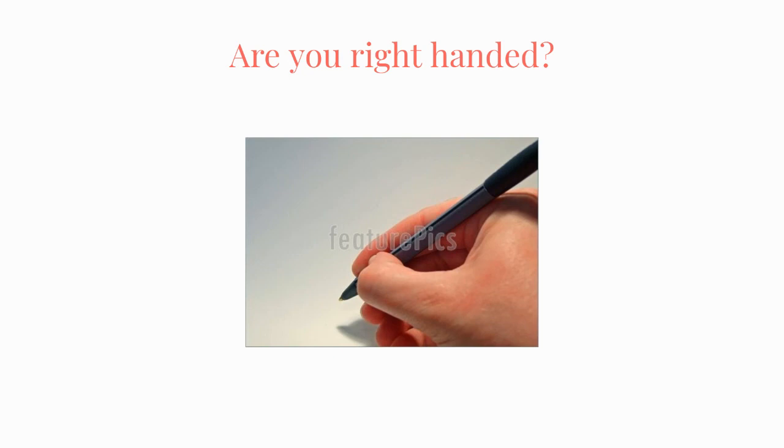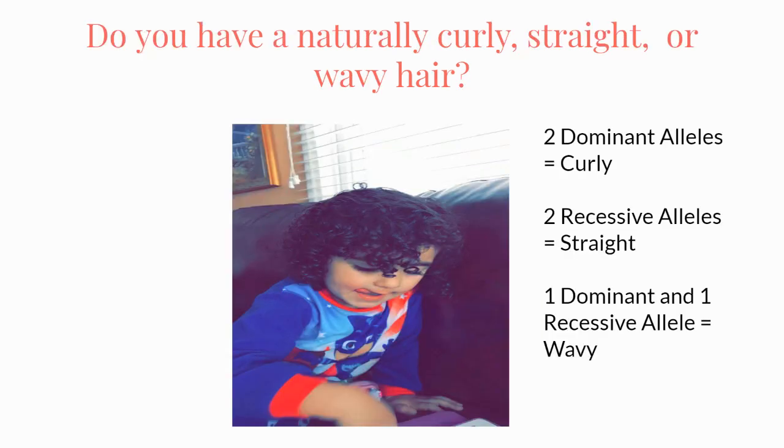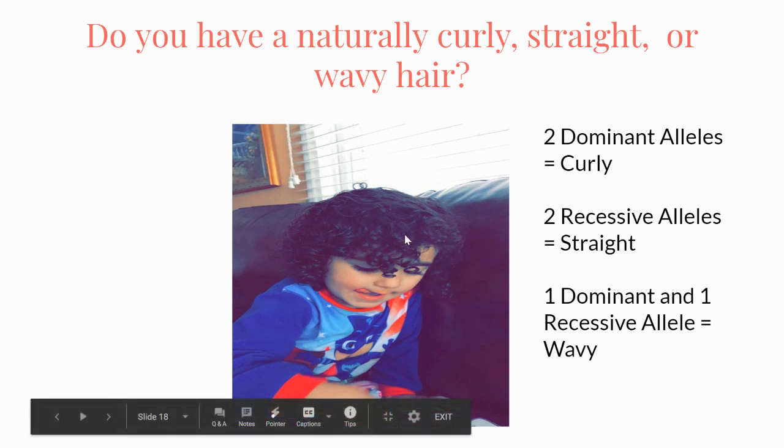The next trait we want to talk about is your type of hair, having naturally curly, straight, or wavy hair. And obviously, we're not talking about the hair you get after you straighten your hair. No, it's the hair you are born with. A lot of people confuse curly and wavy, and you can see that curly right here is having these very tight locks.